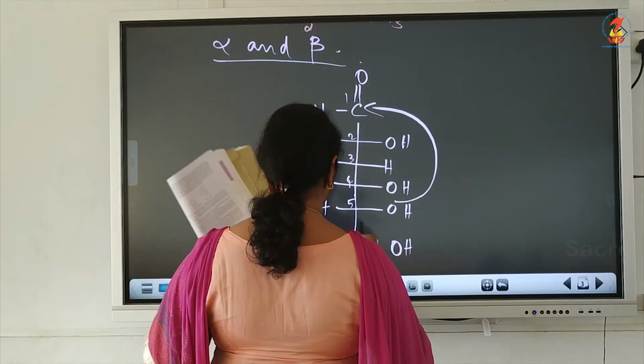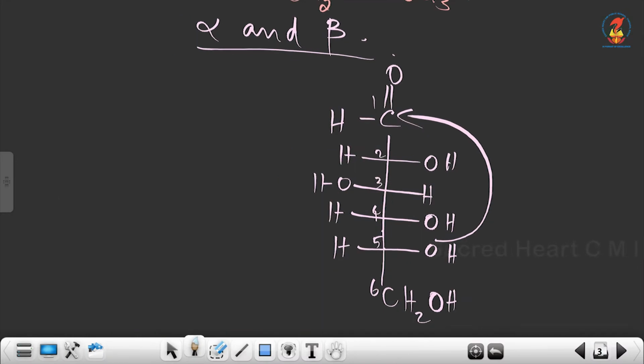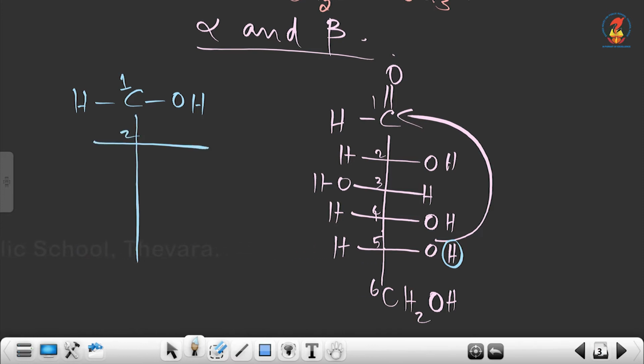Now the structure is, when you add that, you get the structure as C, H will remain as such, the double bond O breaks and hydrogen will add to oxygen. So here we have COH. This is our first carbon. Now on the first carbon we have CHOH. Now the next we have second carbon, we have HOH again.